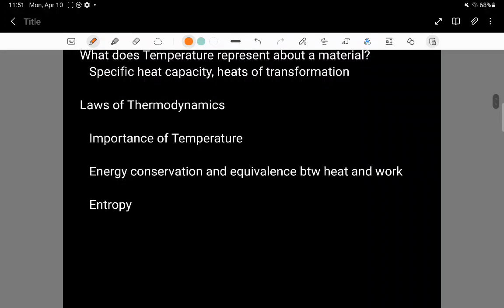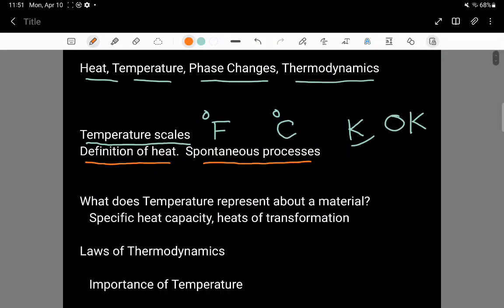For example, a refrigerator is an example of a non-spontaneous heat flow. Refrigeration, right? Like air conditioners and refrigerators in kitchens. So heat flow and the definition of heat is an important concept in this module.